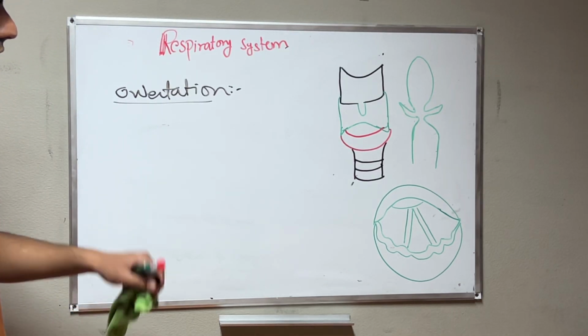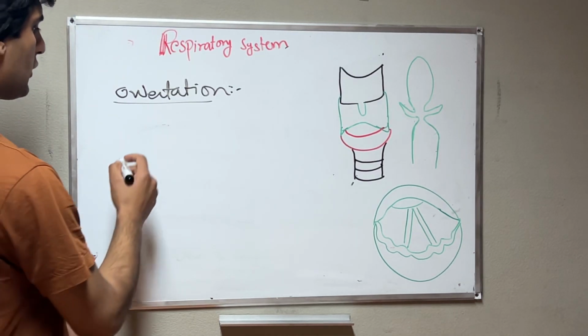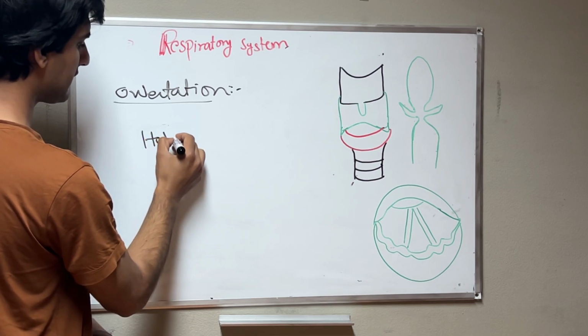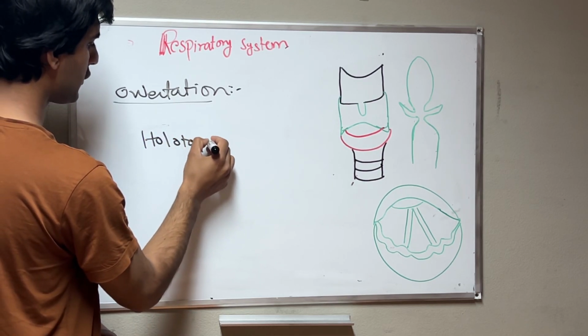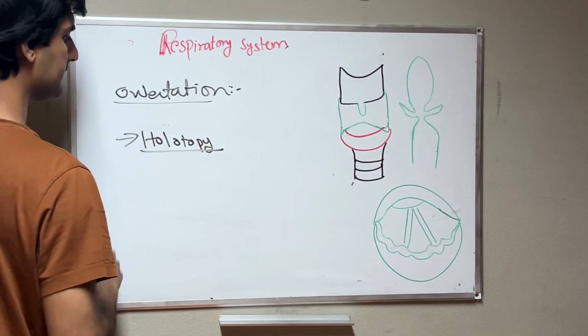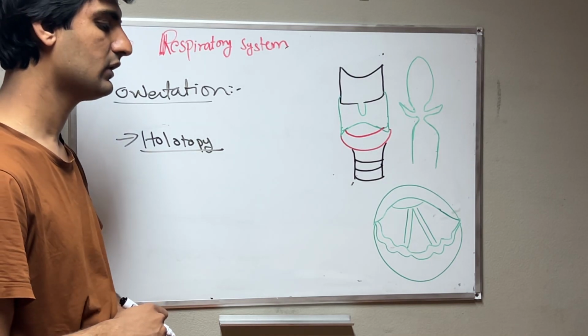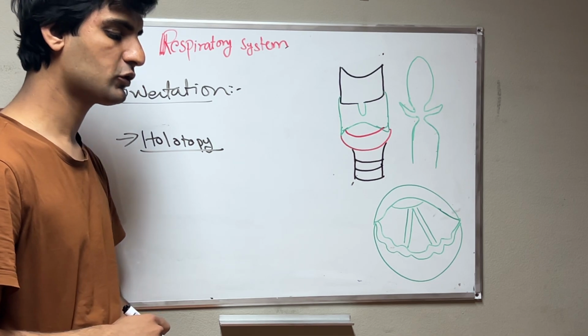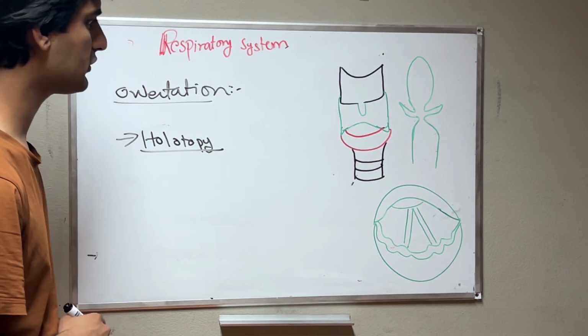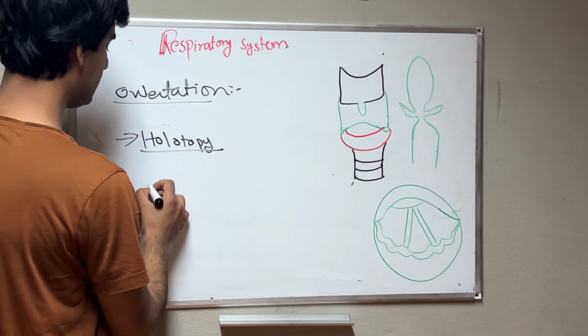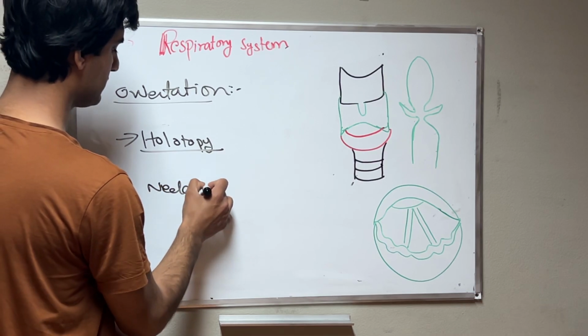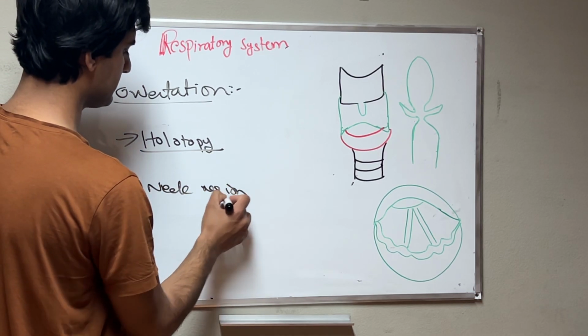Now if we talk about the holotopy, because our topic of larynx and respiratory system is in splanchnology, and in splanchnology we first need to know the holotopy and skeletopy. The holotopy is the neck region, its location is in the neck region.